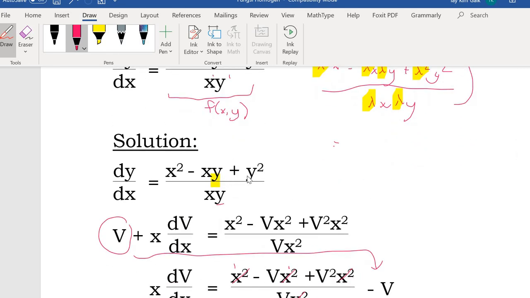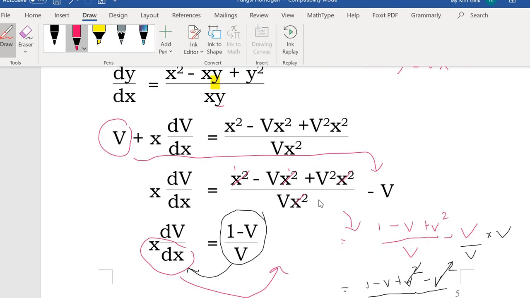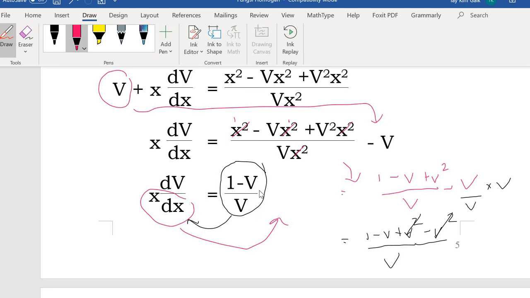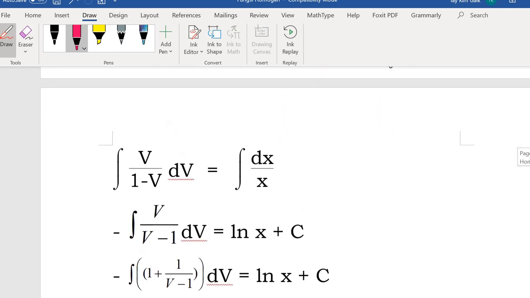You just replace y equal to vx, and then dy/dx, and from y equal to vx, you differentiate both hand side using product rule. You should be able to get dy/dx is v plus x dv/dx using product rule. And then after some simplification, you will always get a separable equation in terms of v and x. Then you solve it using separable equation technique.